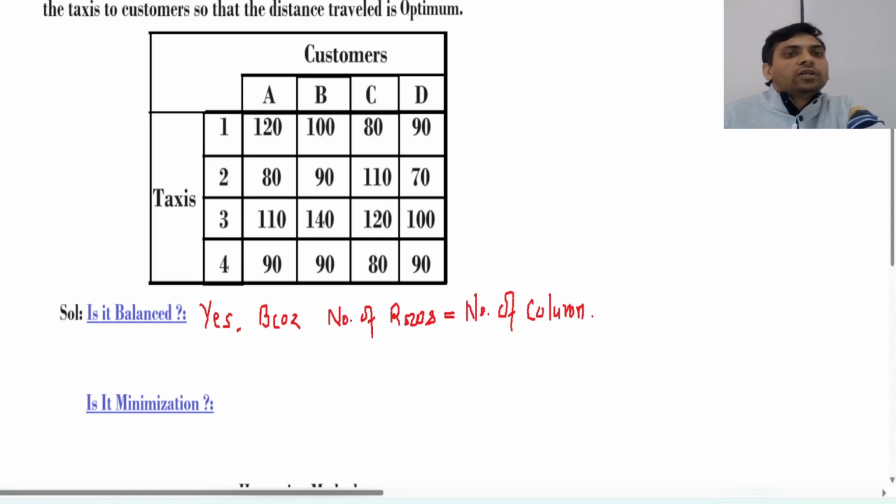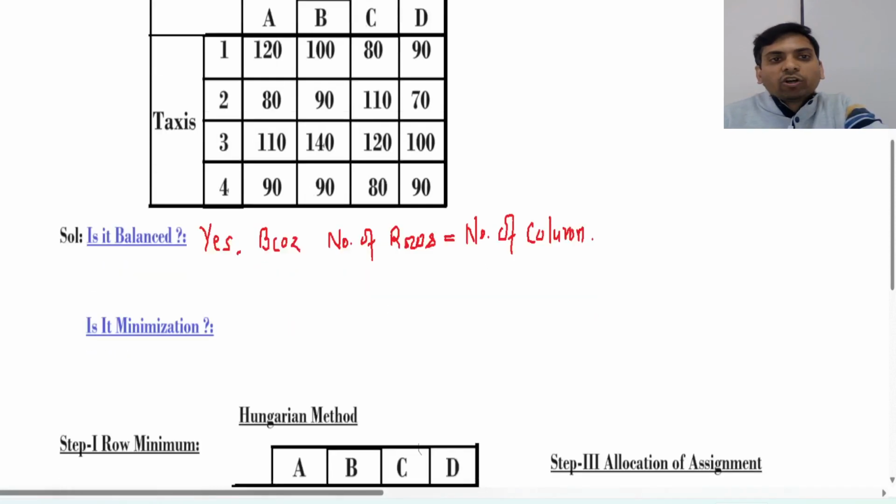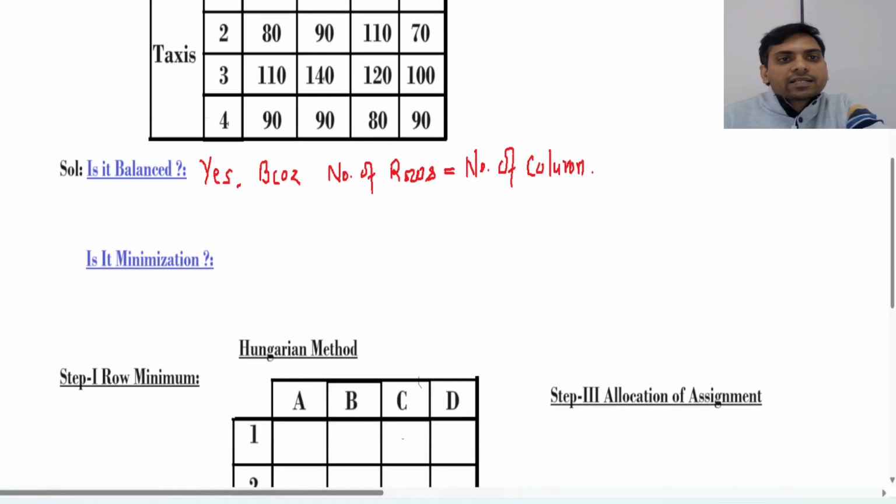Is it clear? Now, next point is what? Is it minimization? So your answer is what? Your answer is again yes. Reason is what?